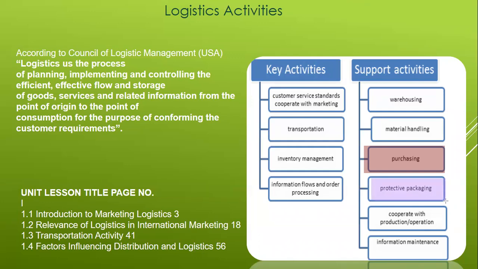Protective packaging needs to be applied for handling the materials and the product, so it can be delivered safely from our manufacturing factory to the warehouses, and from our warehouses to the customer.